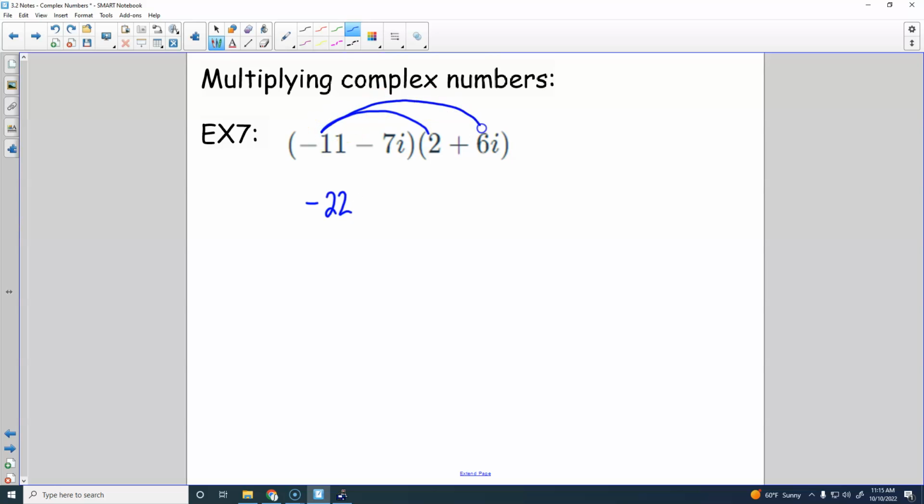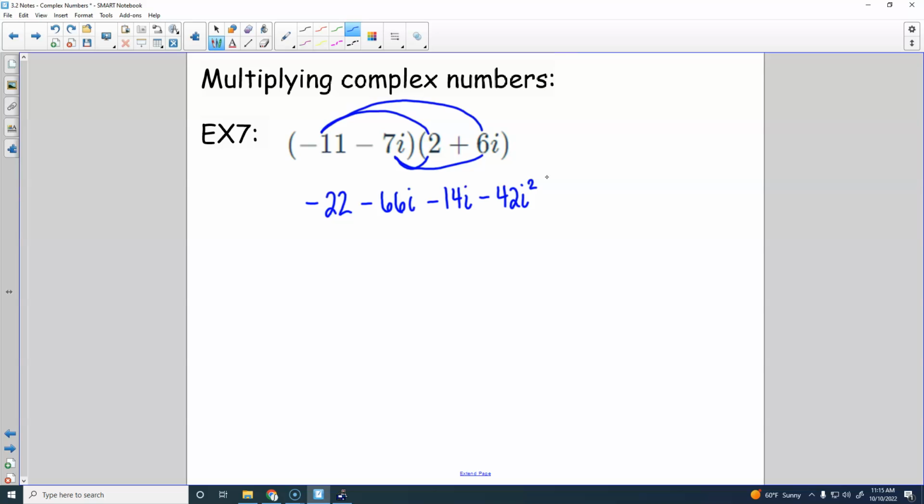Then we would do -11 times 6i, which will give us -66i. So first terms, outer terms. Inner terms, -7i times 2 is going to be -14i. And in last terms, we're going to get -42i squared.